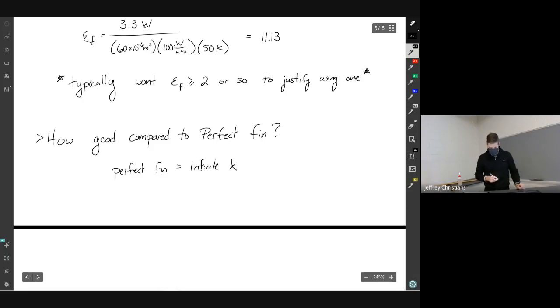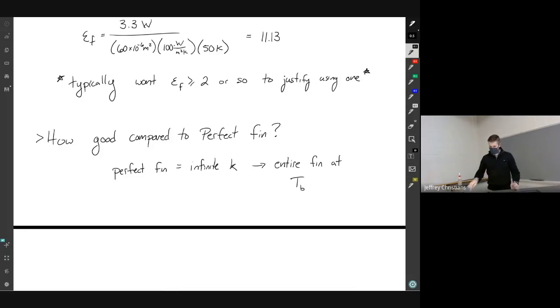It would be made out of some material that has an infinite thermal conductivity. That would mean that basically any heat is going to go into that fin. The entire fin ends up being at the base temperature, whatever that base temperature is.